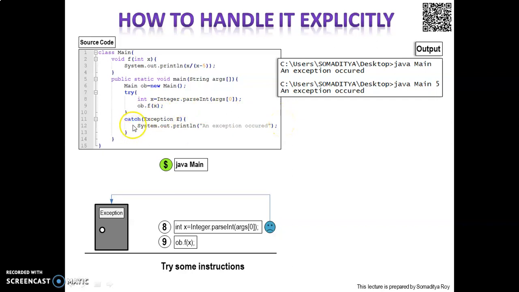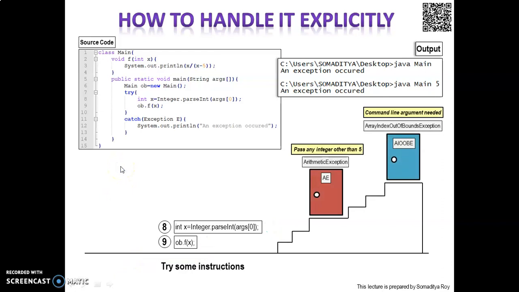That means all types of exceptions, no matter whether it's a checked exception or a runtime exception, can be handled by this catch block. So this catch block is eventually able to handle an array index out of bound exception as well as an arithmetic exception. But how do we handle them explicitly?